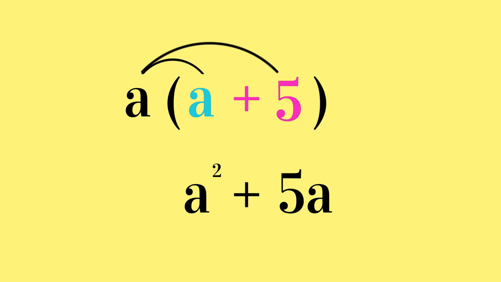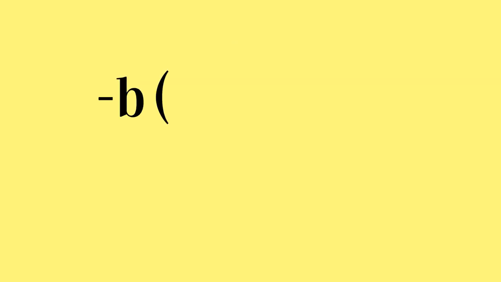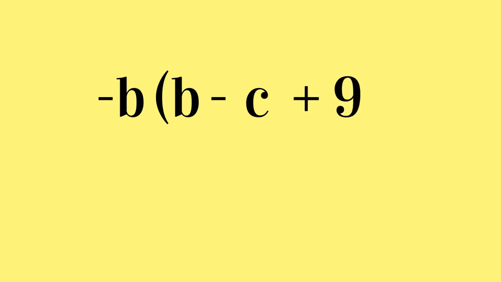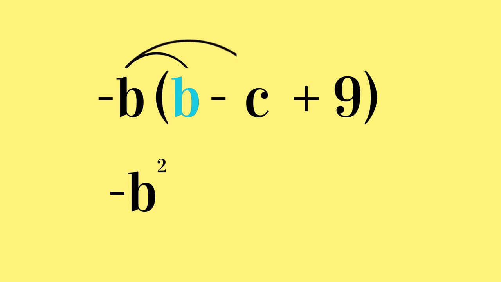Variables can also be negative terms. So if we had -b(b - c + 9), here we need to multiply negative b by b, which gives us negative b squared. Then we have negative b multiplied by negative c.